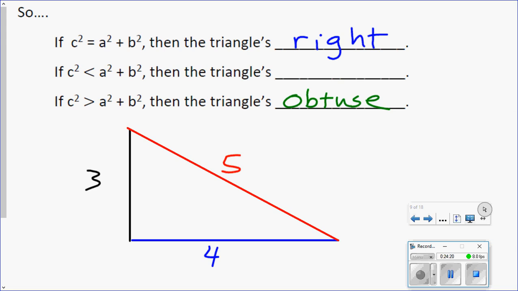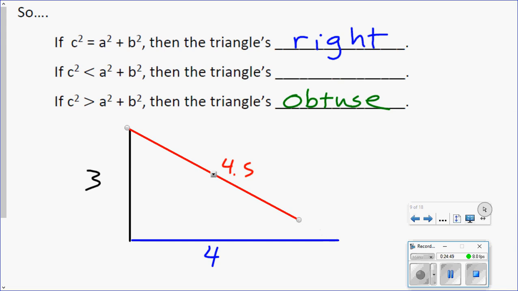I can't make it 4, because then it wouldn't be the longest side. Okay? So there's no way it would be a right triangle. If I make it, let's say 4.5, that's going to bring it in about that far. Okay? That's more like 4.5, maybe.